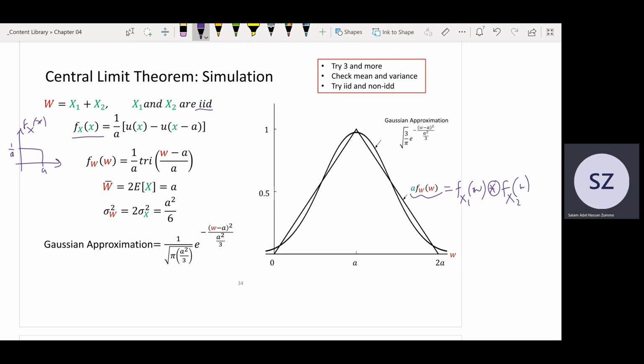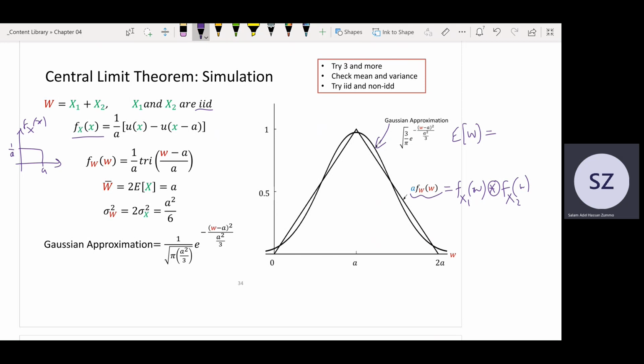Okay, and we are plotting the Gaussian distribution, and we found the mean. So this is the expected value of w. ايش رايكم كم expected value حق w؟ تمام. What is the expected value of w? 2 a.